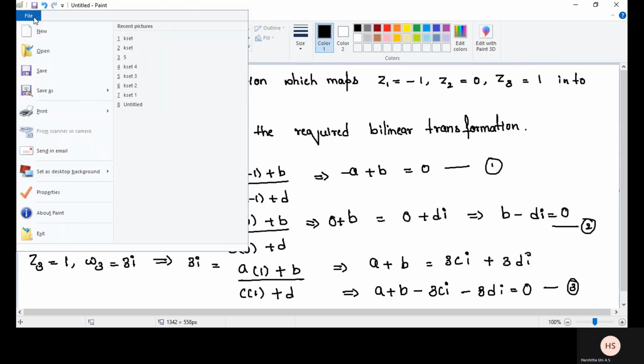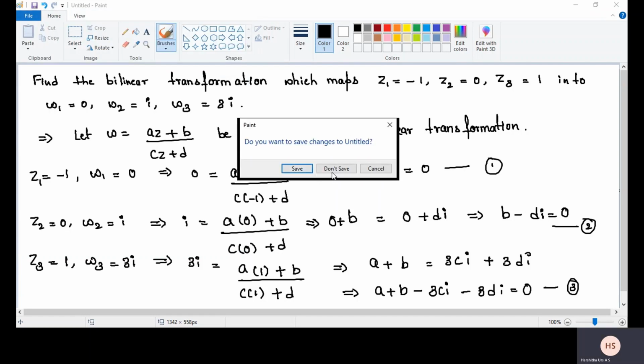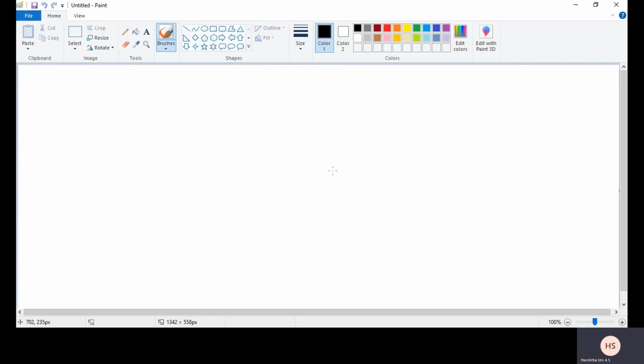Next, to find the a, b, c, d values, subtract equation 1 minus equation 2. Equation 1 is minus a plus b is equal to 0.